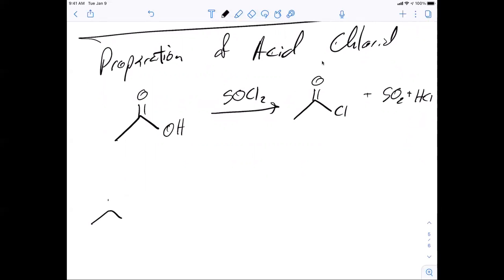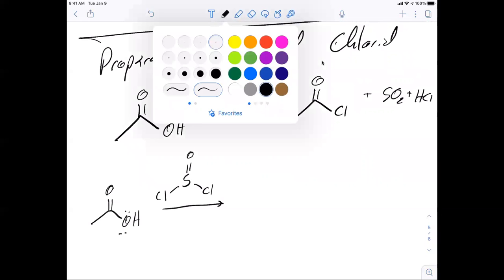The way this works is we have the acid, thionyl chloride is this compound.